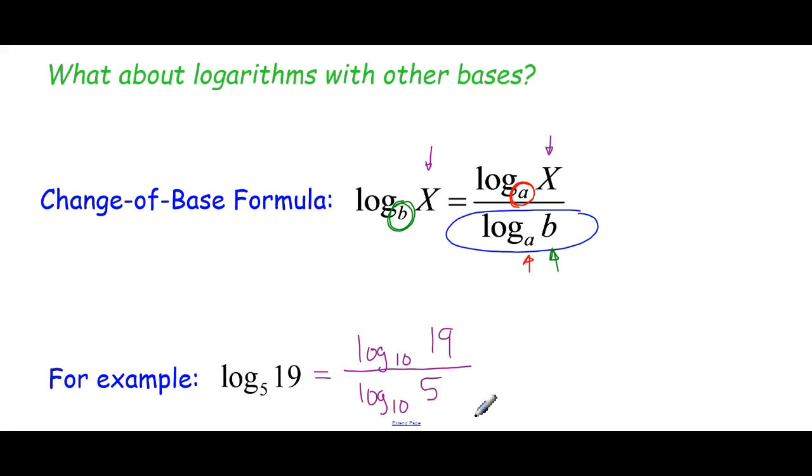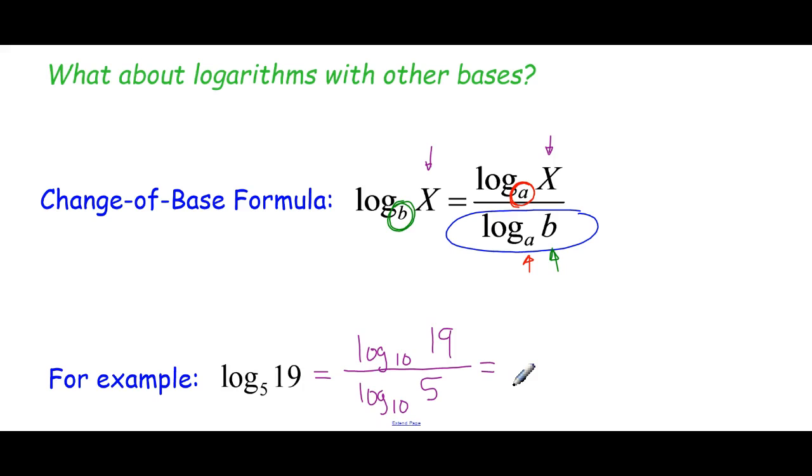And this you can do on your calculator. You have a button for log base 10 of 19. You can press 19, take the logarithm of that. You can do the same thing for the denominator. You have a button for logarithm of 5. You work that one out and you divide the results. In fact, you might want to pause the video and see if you can work this out on your calculator, but let me warn you before you go too far down that path.